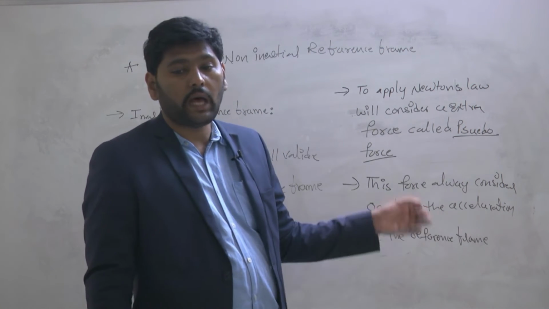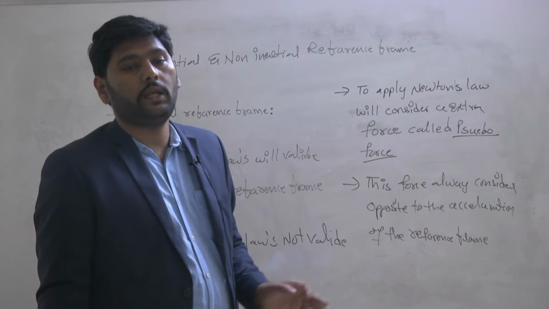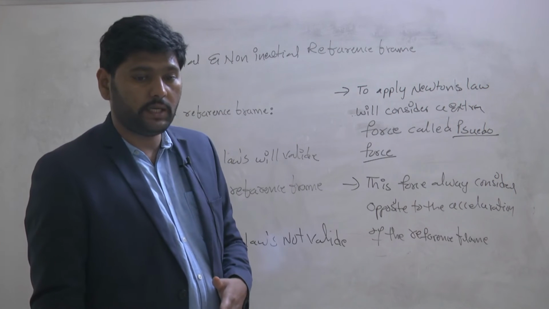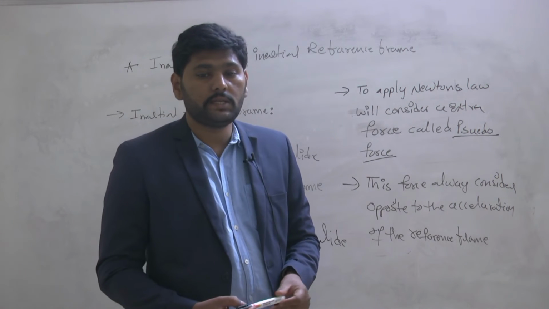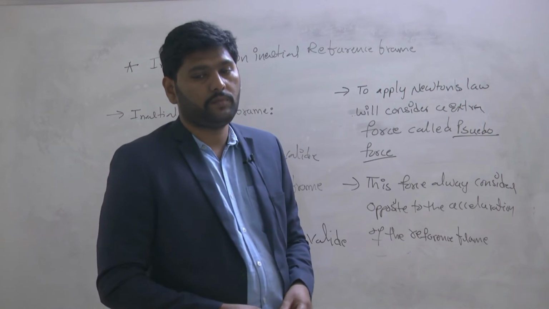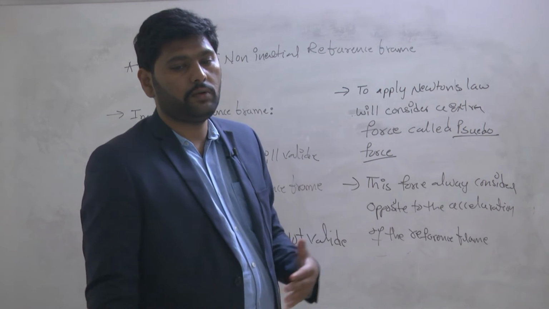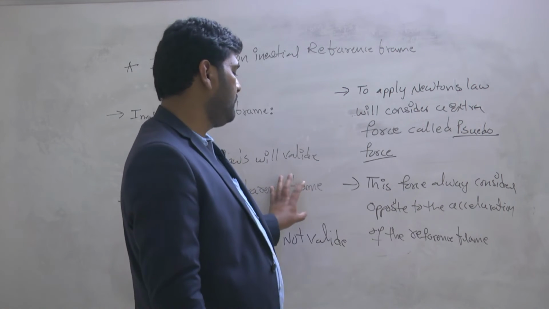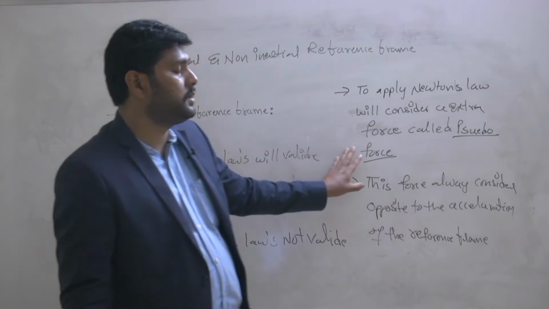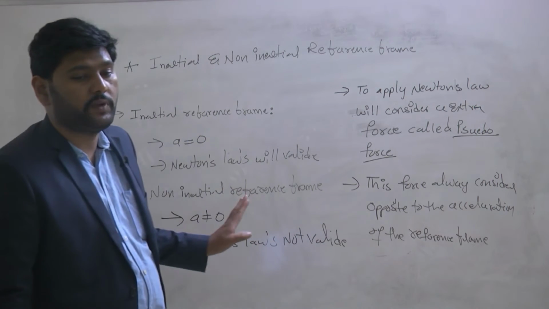The pseudo force is always considered in exactly the opposite direction to the acceleration of the reference frame. So this is how you apply the pseudo force in a non-inertial reference frame. Got it?